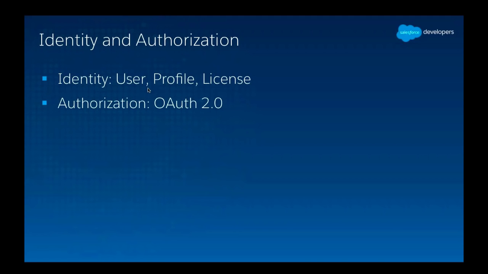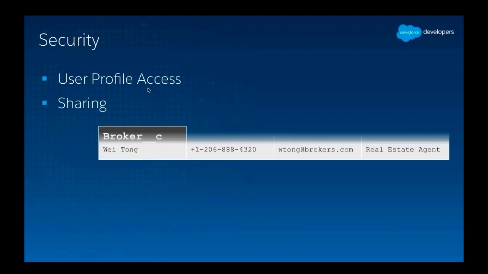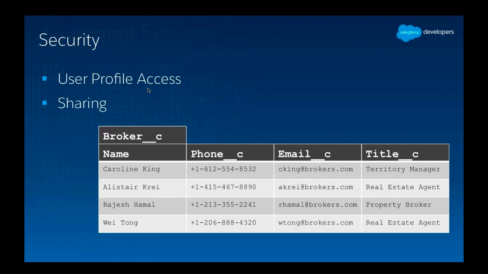So moving on. Security. When you log in, your profile essentially determines the access that you're going to have. And I'm going to focus on it from an entity and a data standpoint, but it does also affect certain things like whitelisted URLs potentially, hours of access, and that kind of thing. So it is more than just the data that I'm talking about, where I have an entity called broker, for instance.